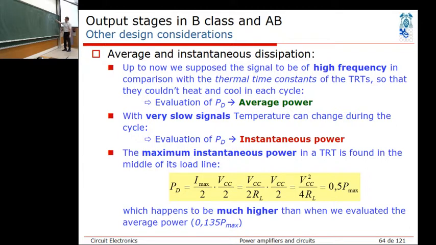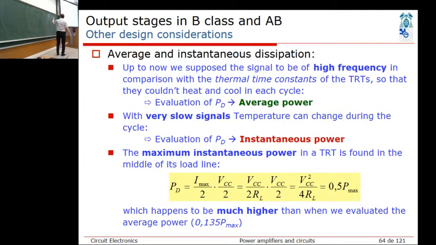So this would be in between low and high frequency signal. You really start heating it up more on that cycle. But if you have a really fast signal, then this becomes just like that. In average, it heats up at that rate.